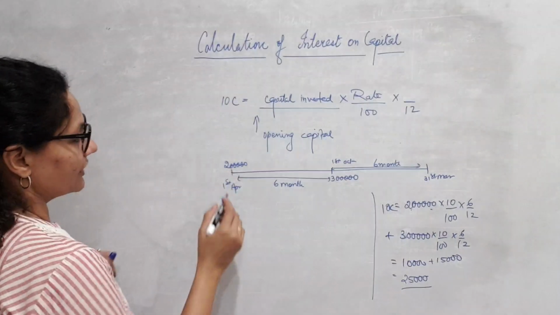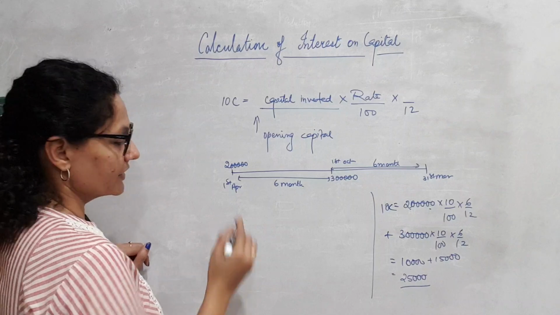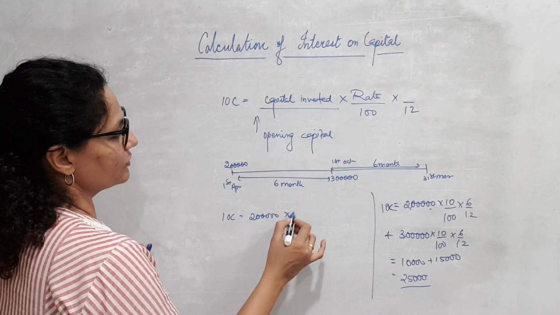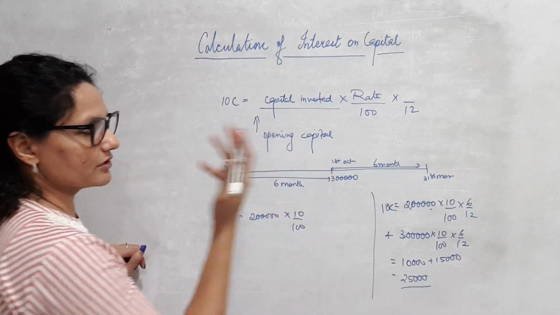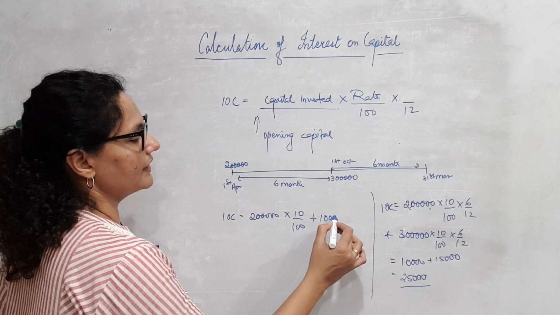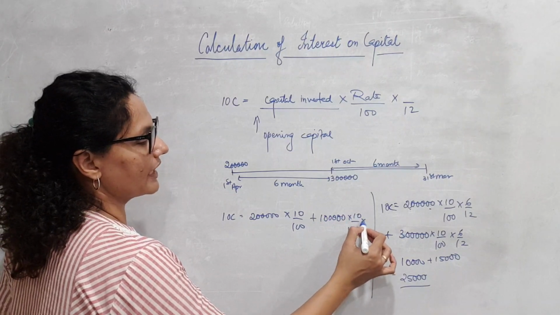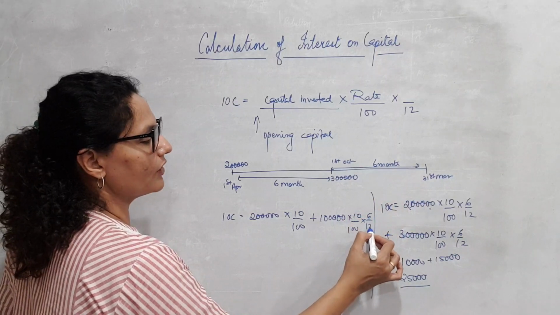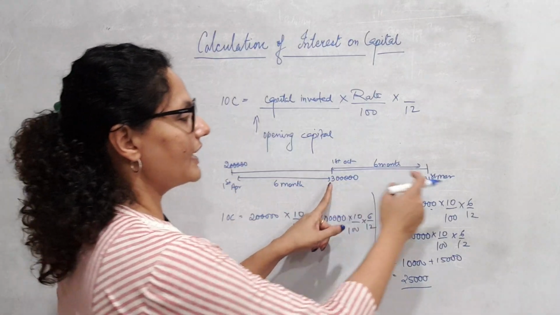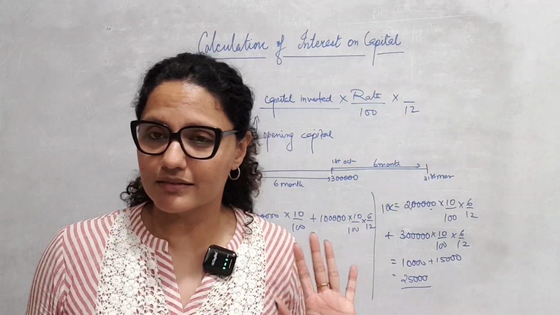That's it. Now 2 lakhs was invested for the full 12 months. So some will say we will do 2 lakhs into 10% straight away because it's for the whole year, and plus 1 lakh, the additional capital, into 10%, and that was invested for 6 months. Right? This 1 lakh additional was invested only for 6 months. So on 1 lakh I give 6 months interest.